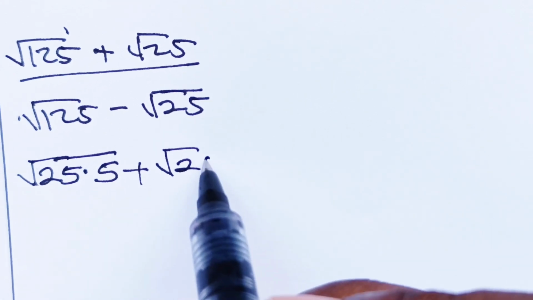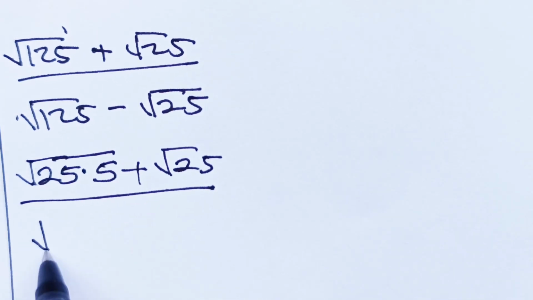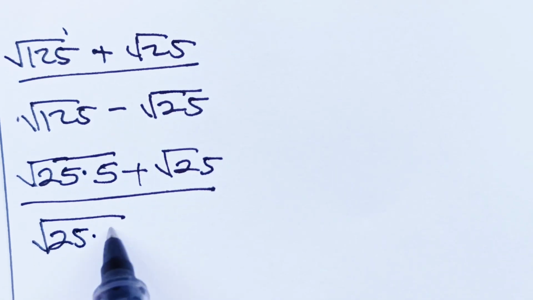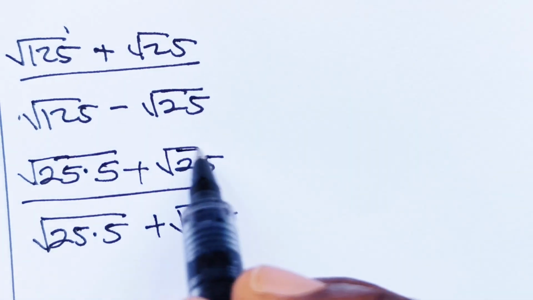Plus square root of 25 divided by the same thing here, square root of 25 multiplied by 5 plus square root of 25.